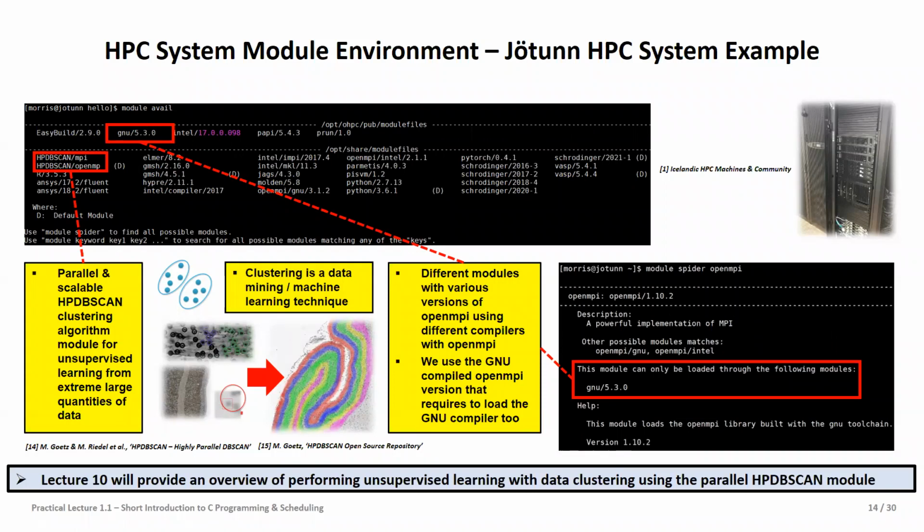Now here, just as a more simple example at the warm-up at the start of the course, we want to perhaps use GNU 5.3.0 in order to use OpenMPI. So in other words, whenever you want to use OpenMPI, you get the information when you do module spider OpenMPI that this GNU module is needed.